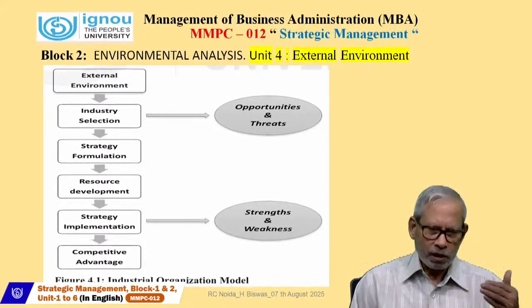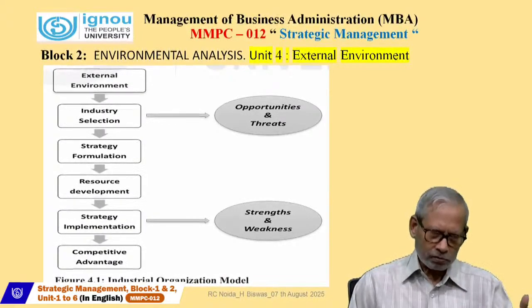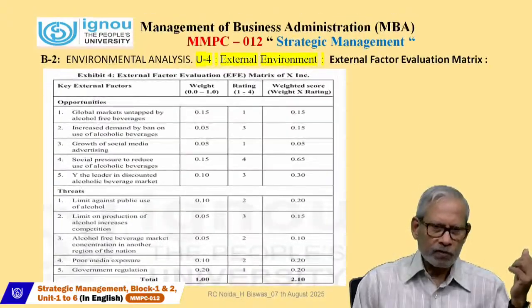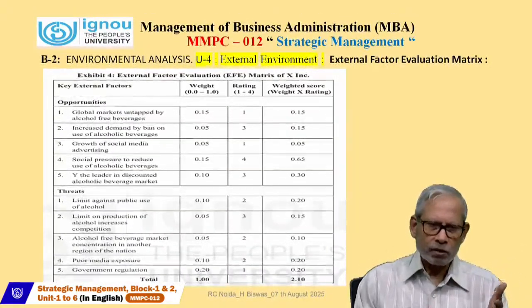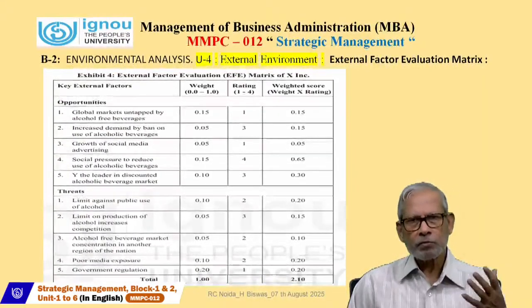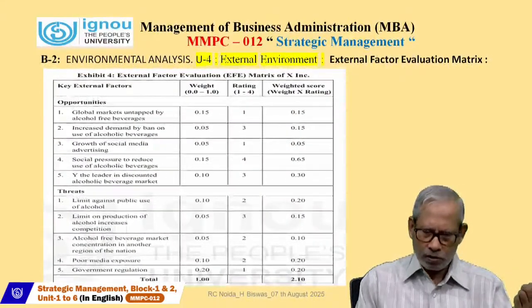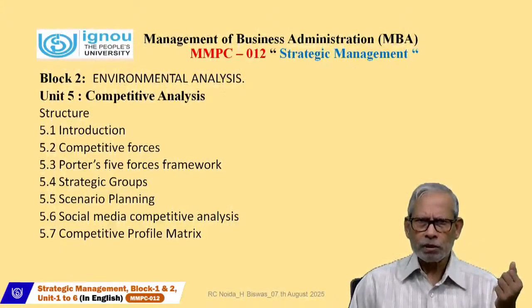Strengths and weaknesses you can get as per the process. So, there are some charts, based on these you can prepare your own matrix in your company. Basically, the significant points you have to identify.